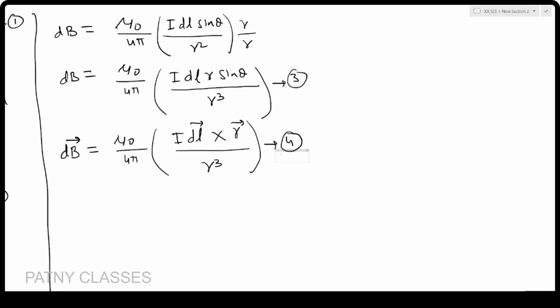Now I want to find the net magnetic field due to the entire wire. In the beginning I told you that if you are arranging a party for 100 people, you will calculate the cost of one person, then multiply by 100. Now we already calculated the cost of one person here.